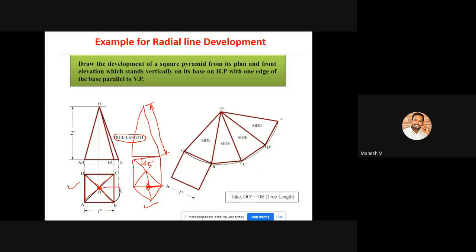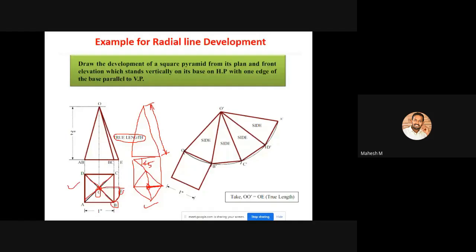Then you have to measure the distance of O to B. After measuring this distance, you have to create an arc like this. So this arc touches the O and B, and that particular point can be called E. Then you can project this point towards your reference line. This particular point is also called E. So you can measure the distance of O and E, and this will be called the true length.